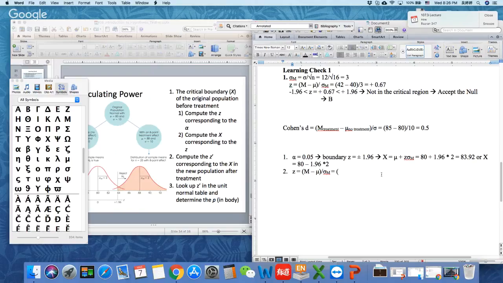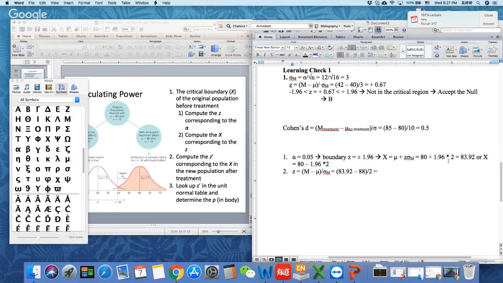So here X is the boundary. We use 83.92 minus the mu after treatment, which is 88, divided by the sigma M, which is 2.